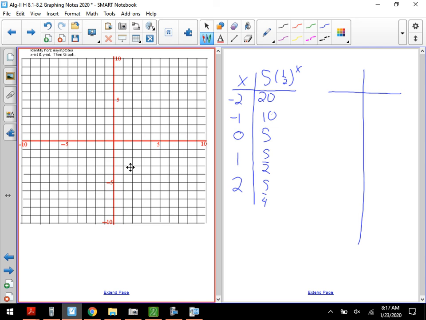At -1, it's 10. 0, 5. 5 halves is 2 1/2. 5 fourths is 1 1/4. And remember, it's going to move and approach 0. So it's moving down. Down and right is decay.